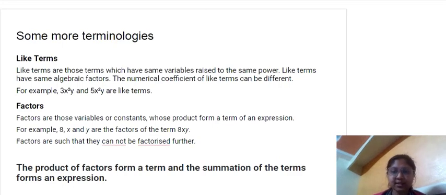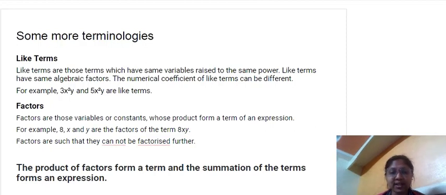Now let's discuss a few more terminologies associated with the algebraic expression so that we can solve them further in a simplified manner. So what are like terms? Like terms are those terms which have the same variables raised to the same power. Say we have x square and x to the power 1. Can we say these are like terms?